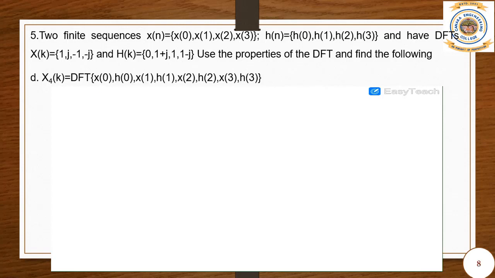We are supposed to find out x4 of k, that is the DFT of x of 0 h of 0, x of 1 h of 1, x of 2 h of 2, x of 3 h of 3.